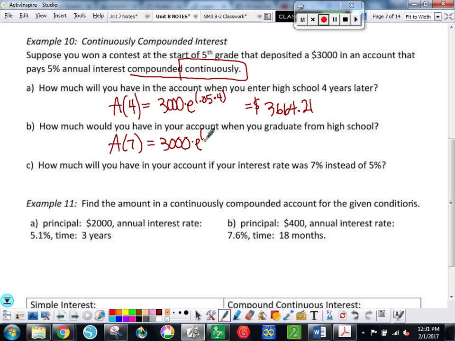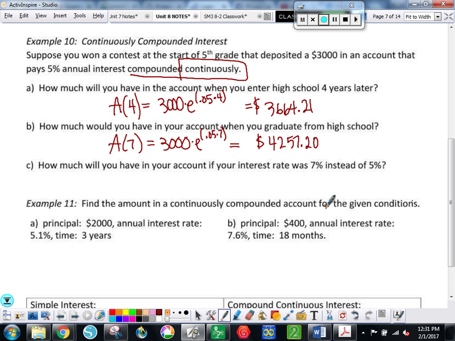Times e to the 0.05 times 7. What did we get here? $4,257.20.